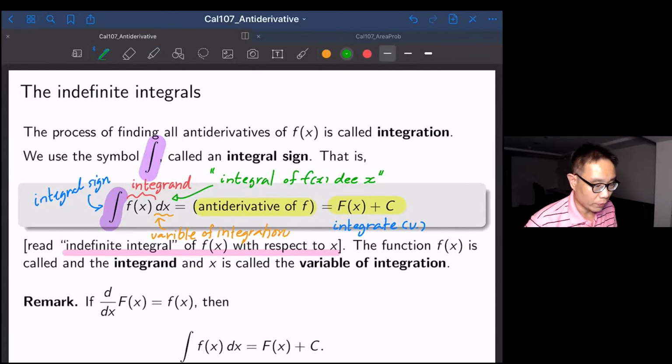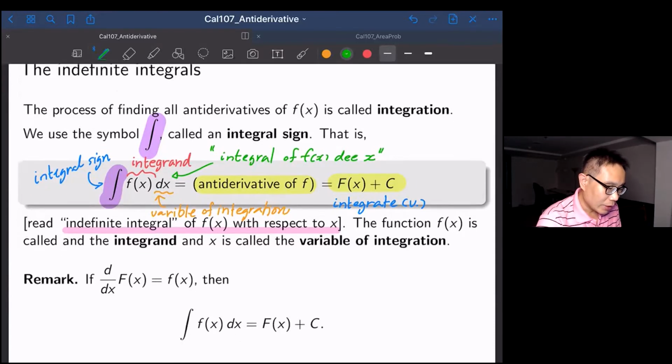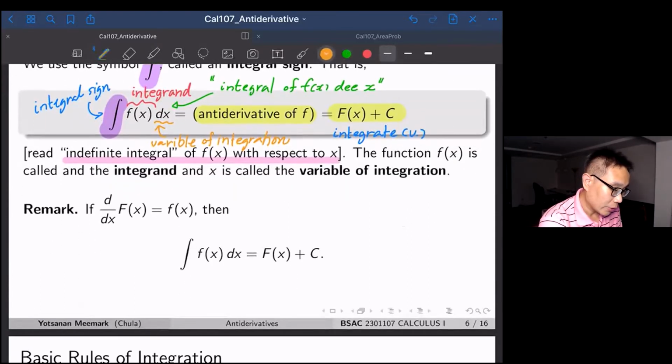So this will be a kind of nickname for the indefinite integral of f(x) with respect to x. In symbols, you see that this one will be the function inside my box before. So you differentiate the function inside my box, and it turns out to be the function small f(x).